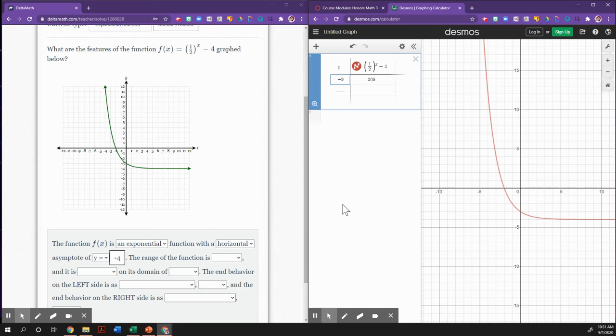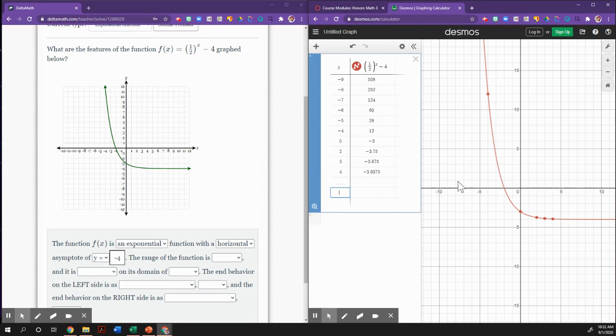So -9, -8. It didn't fill it in for me. -7, -6, -5, -4. And then if I jump down to 0, 1. Do you see what's happening here?